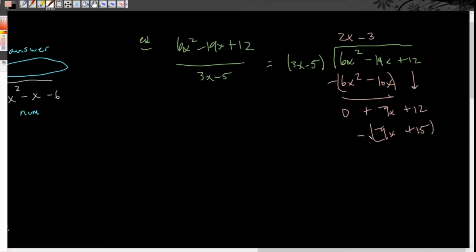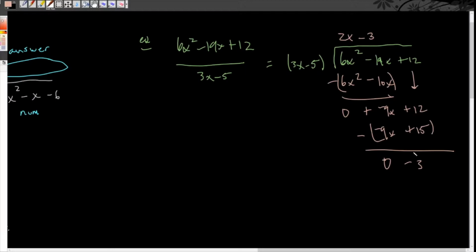So here I'm subtracting this off, negative 9x plus 9x is 0, and then 12 minus 15 is negative 3. Earlier this was 0 as well, but now it's not. So, do I keep going? Well, the question here is, can I multiply something by 3x to get negative 3?